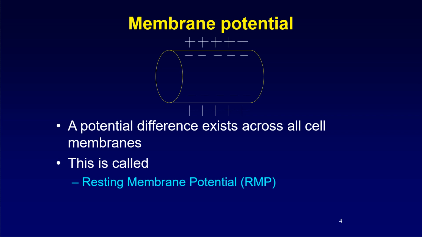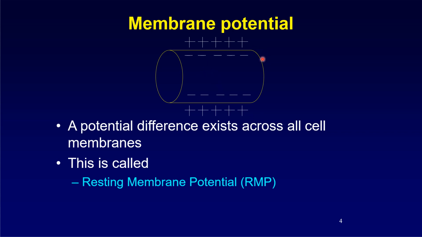Membrane potential means a potential difference that exists across all the cell membranes. As we already know, the cell membrane separates intracellular fluid from extracellular fluid. So a difference exists across the membrane of all living cells, and the inside is negative and outside is positive.